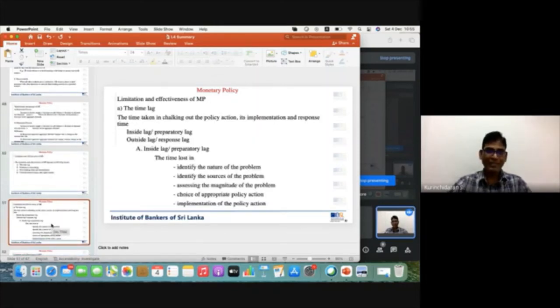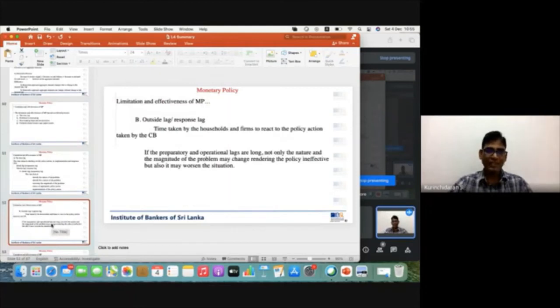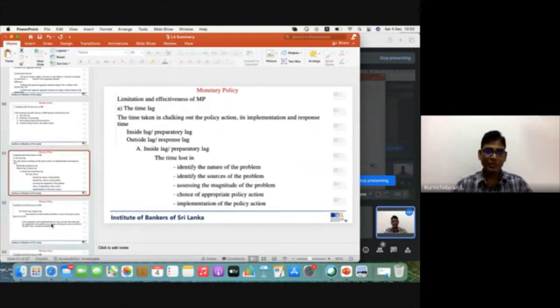I have given here the time lag, right? Explained clearly, and the time lag may be two time lags. One is the inside lag, we call it preparatory lag. That means you do the research, find out a problem, and then find out the solution. But during that time, you lose time. When it comes to implementation, now see the problem might have changed, right? So it's an inside lag.